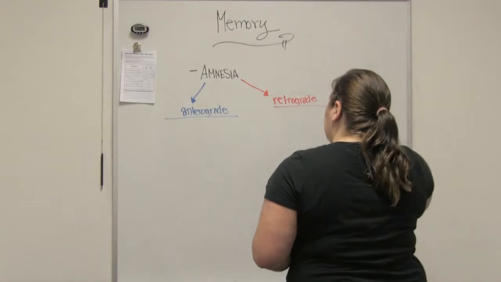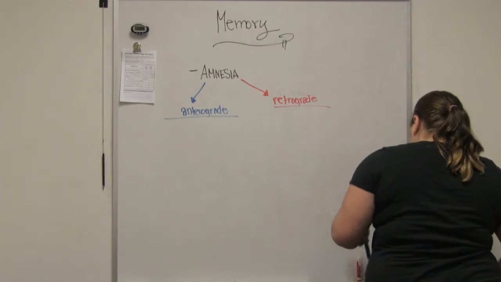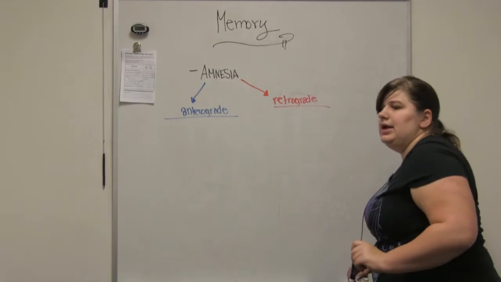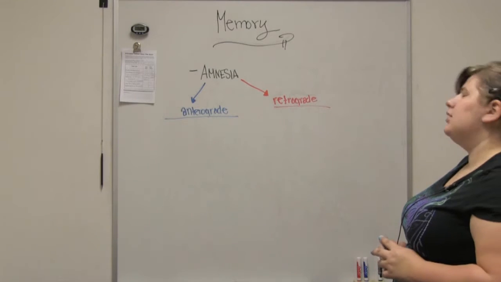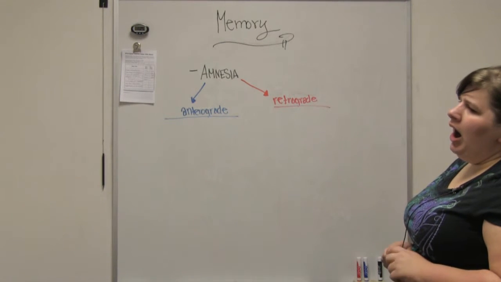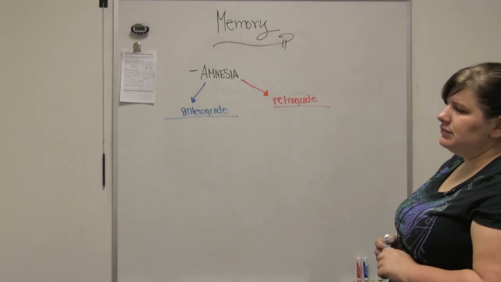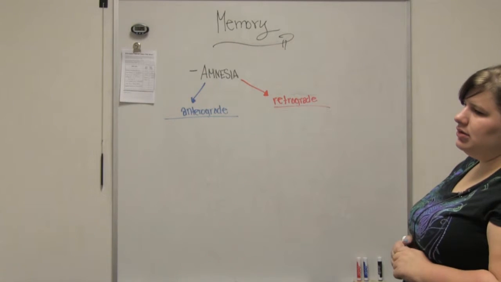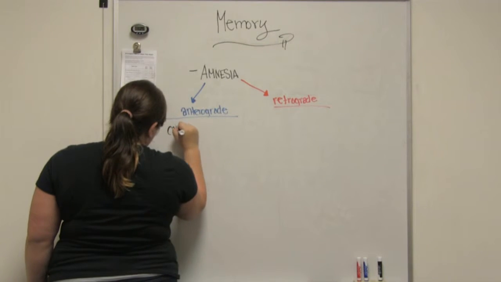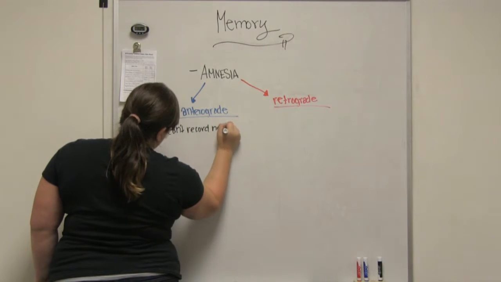Okay. So, what is your best definition of anterograde amnesia? So it's like you can't transfer information into the short-term store, like from there into your long-term. Yeah. So, can't record new memories.